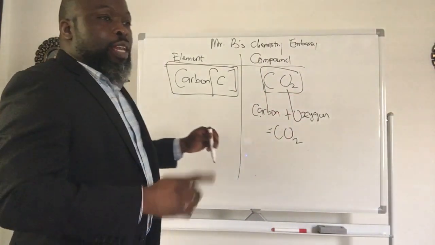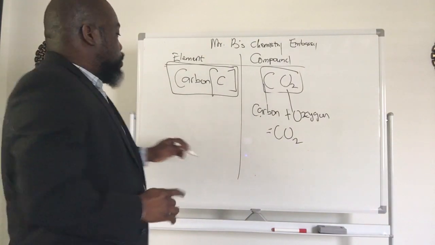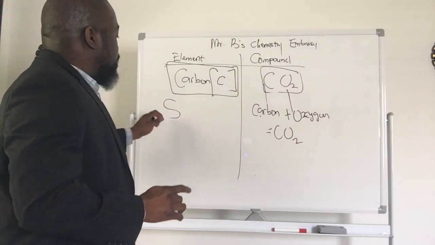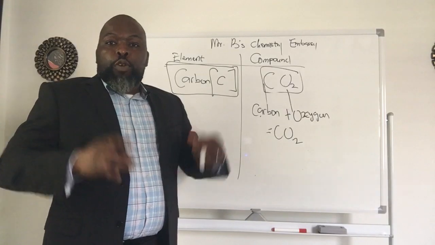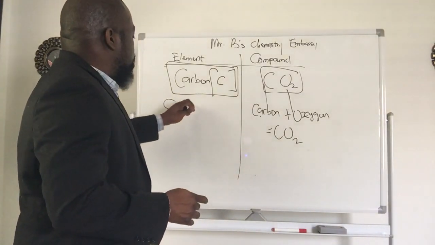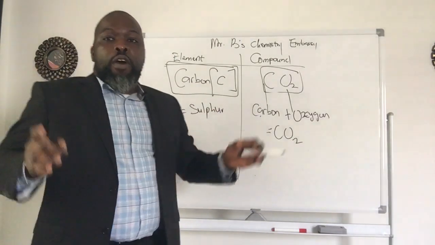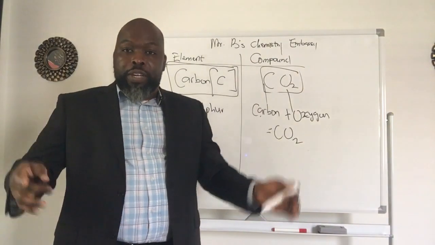Let's do a couple more examples. So S. When you go on your periodic table, what is an S? S is sulfur. So sulfur is an element on the periodic table.